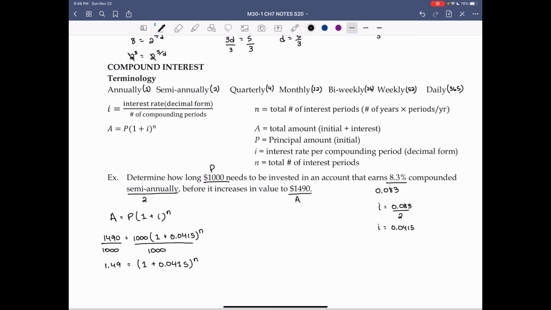I'm not going to be able to write this with the same base, so I can't solve it yet because we are going to learn how to do that in Chapter 8. So then I have to solve graphically by graphing one side as y1 and one side as y2, and then finding the x value of the intersection point.